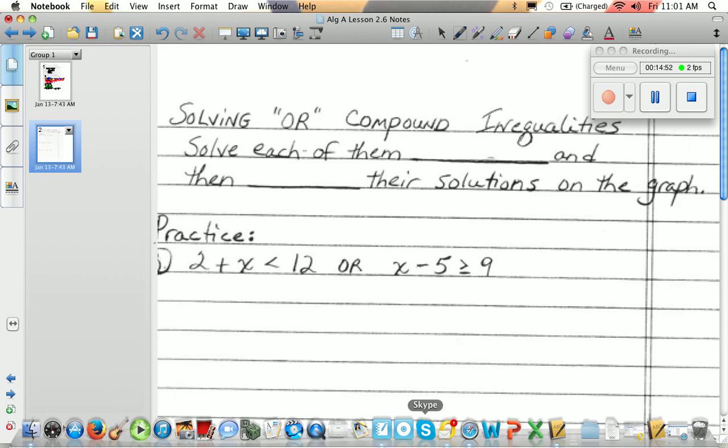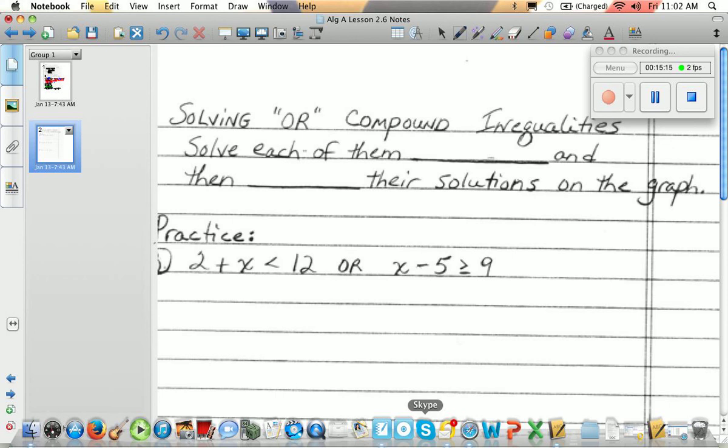When you have an or compound inequality, you will see the word or written. And you cannot put them together like we just had in the and ones. You can't put something in the middle and the other ones on the ends. We can't make three regions.